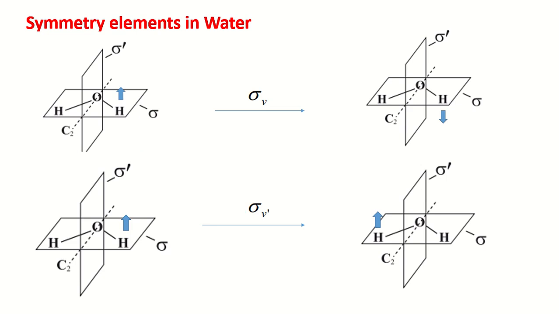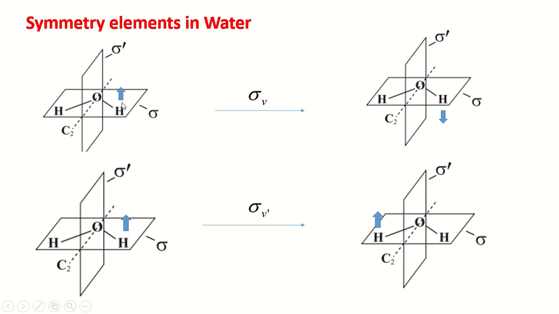So first of all, I would like to show the sigma v in the water molecule. This is the identity, and here we can see the arrow upward on this hydrogen atom.